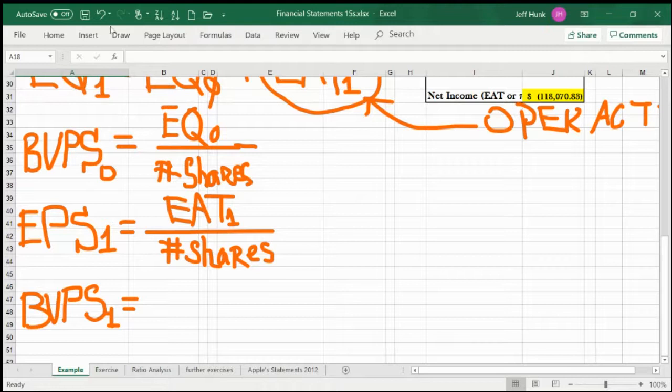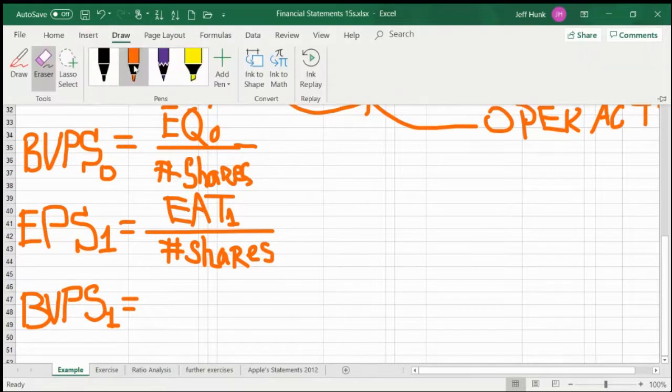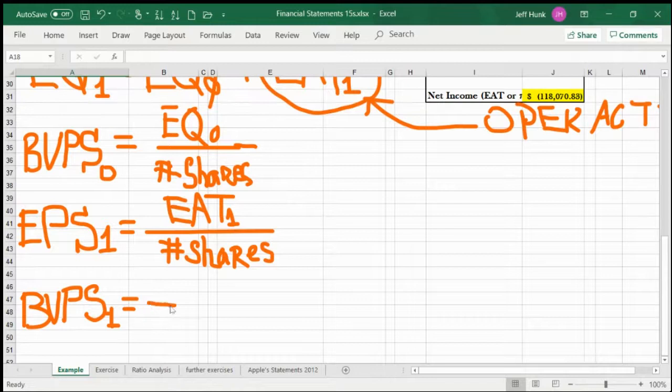Isn't it simply equity at time 1 divided by the number of shares?